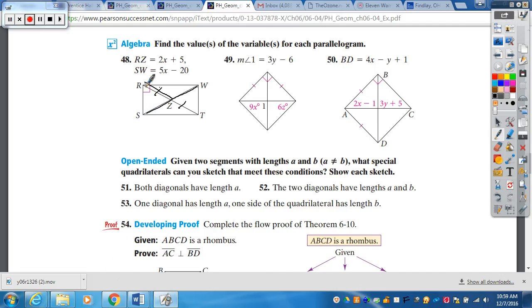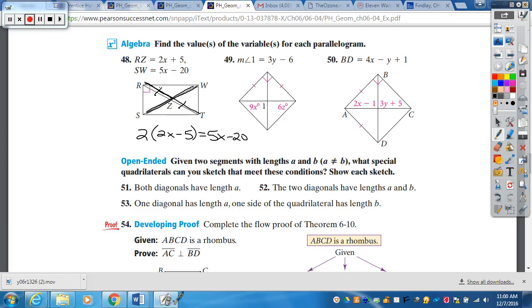And since this length is equal to this length, if I double RZ, that will equal SW. Okay? And so we have two equal lengths there, and you can go ahead and solve for x from there.